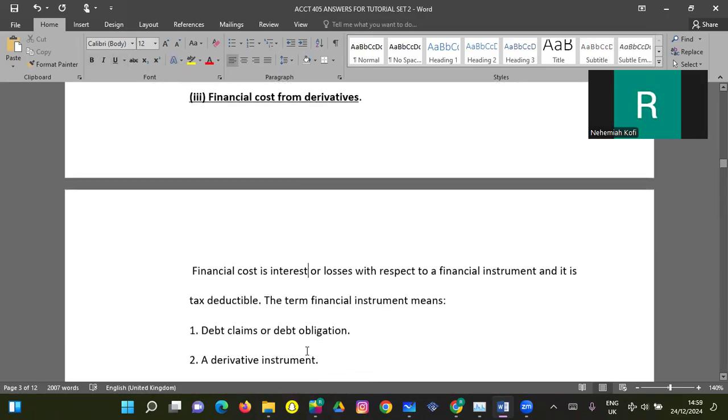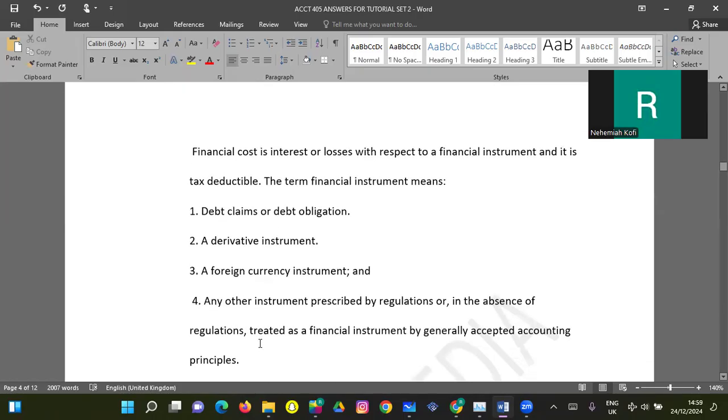All right, then financial cost from derivatives. Financial cost is interest or losses with respect to a financial instrument, and it is tax deductible, but it has some terms. The debt claims or debt obligations, a derivative instrument, and a foreign currency instrument.